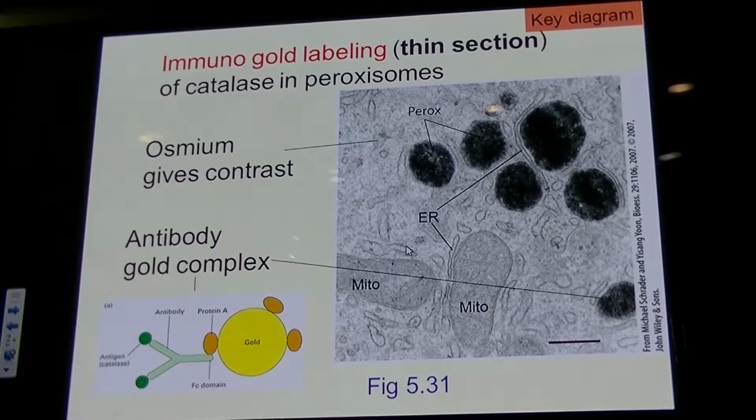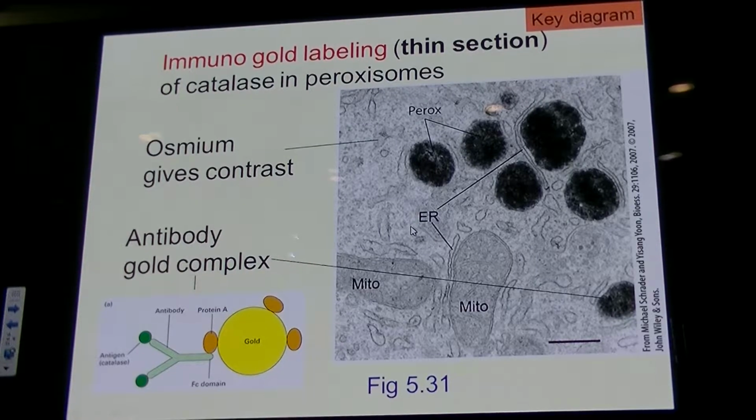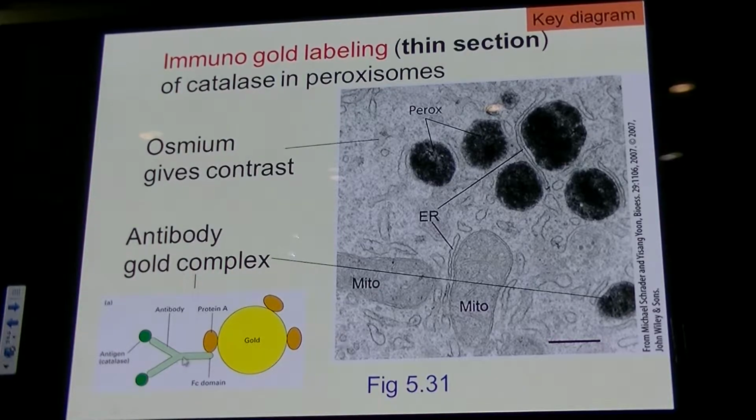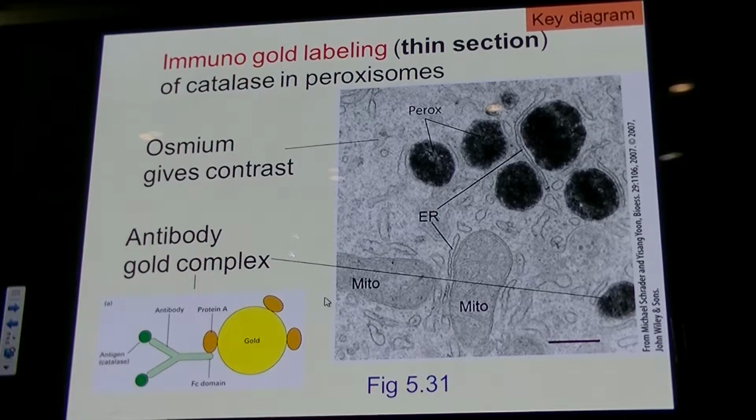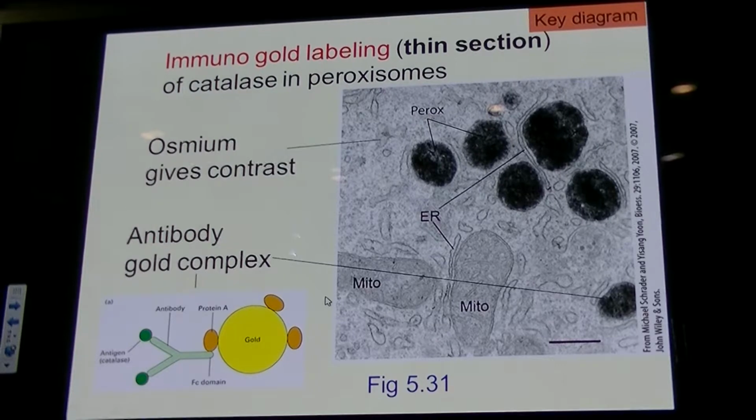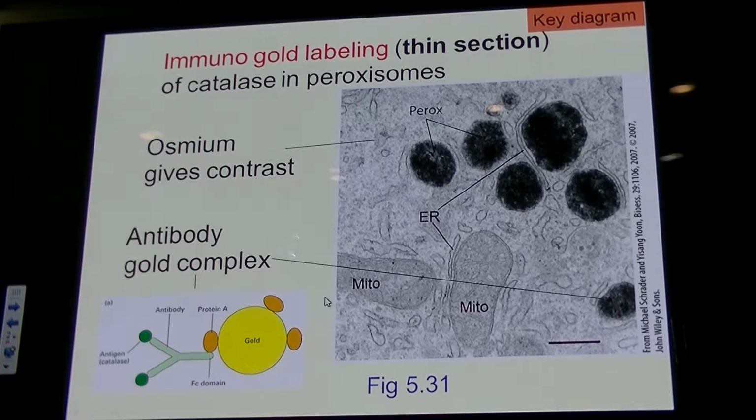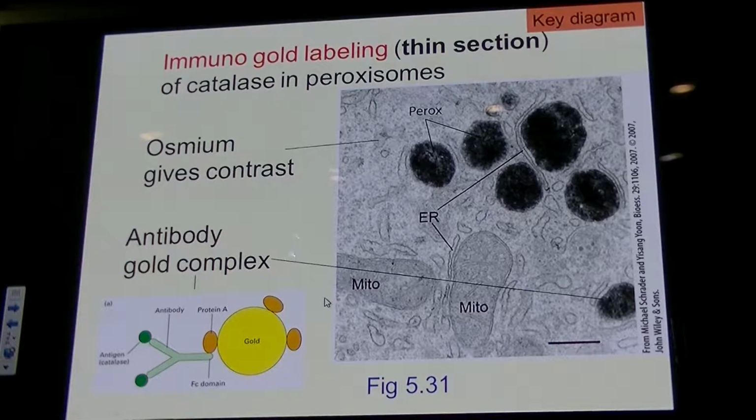So say if there would be a protein on the membrane, then the size of the antibody, with the gold particle attached especially, is larger than the thickness of the membrane. So you could not really use this method to see if a protein sits on one or the other side of the membrane. We just don't have that resolution because of the size of this structure.